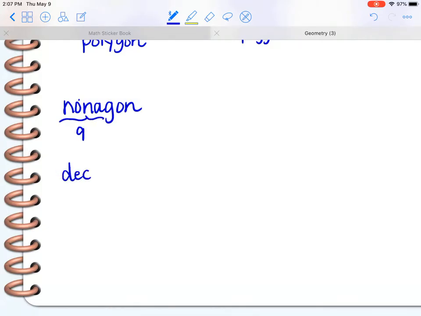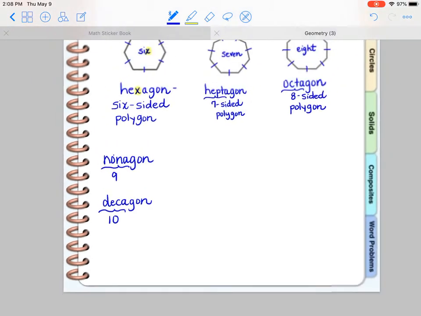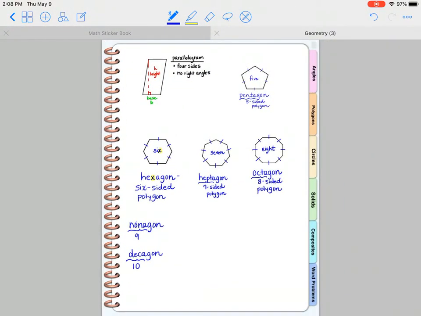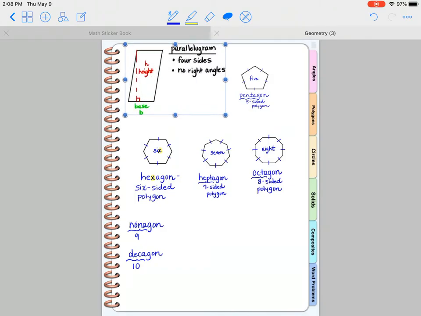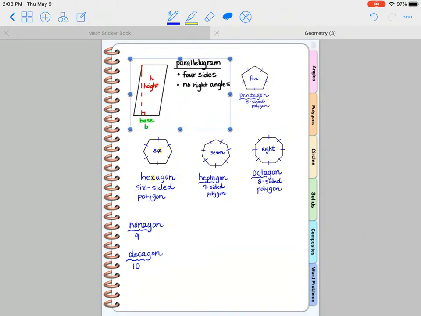And a decagon, deca is 10. And I'm going to stop there. Although there are others, but I don't think you're going to see any of these, quite honestly. But you might, and if you go on to college, you definitely might. So this is an introduction to the polygon families and their names.